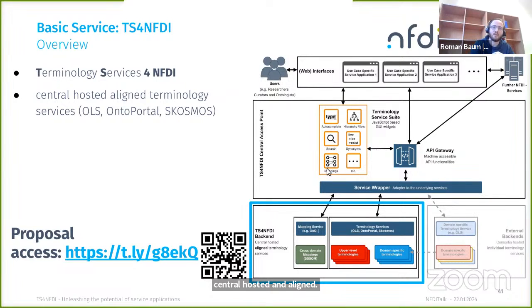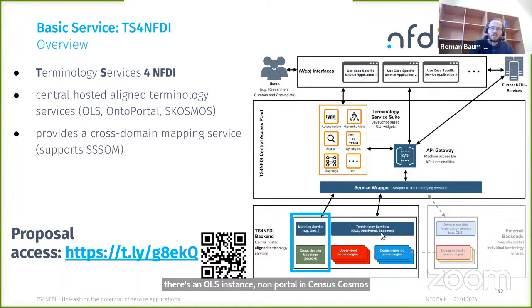So there's a terminology service layer where you see there's an OLS instance, an Ontoportal instance, and a Cosmos instance. And in addition, next to that, we want to provide a mapping service, which will provide cross-domain mappings, and they should support SESM to show the user whether a mapping is really meaningful or not.